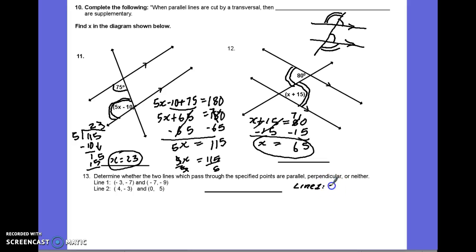So how do we find the slope again? Slope of a line is equal to rise, which is y2 minus y1 over x2 minus x1.